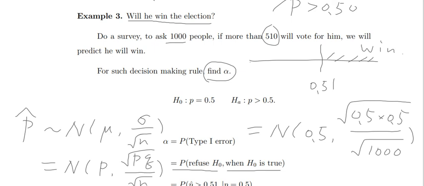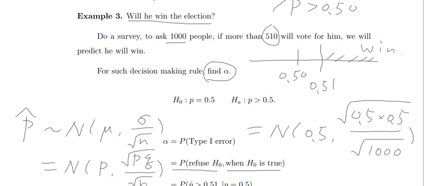This is easy to understand. If it is 50-50, then there is still a half chance, and you cannot predict this guy will win.